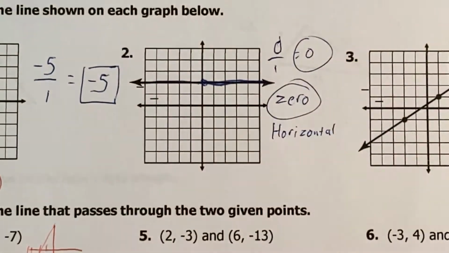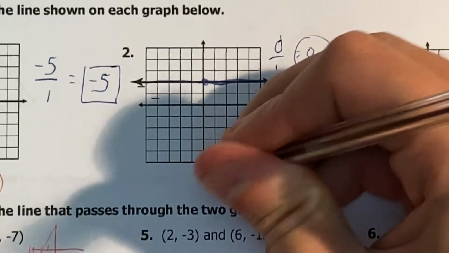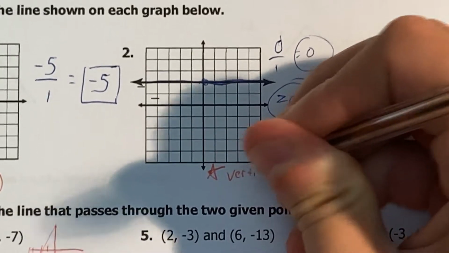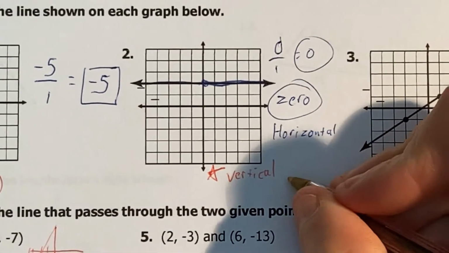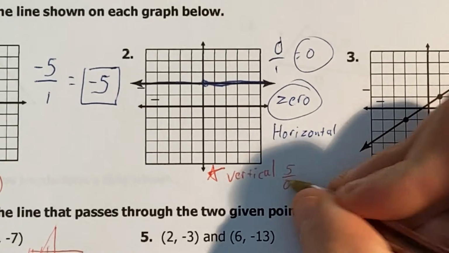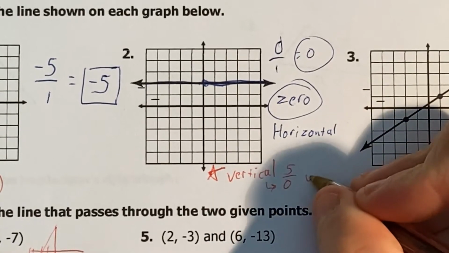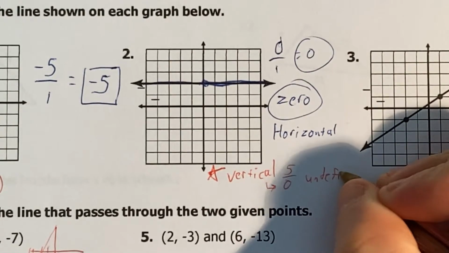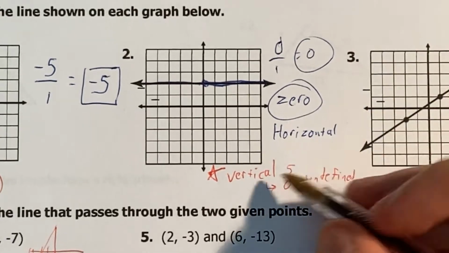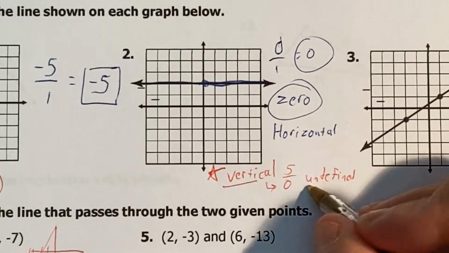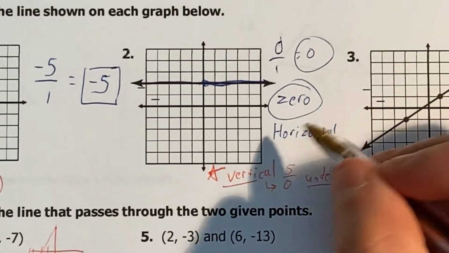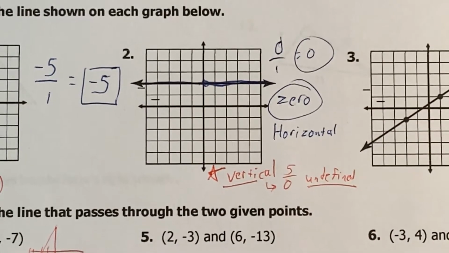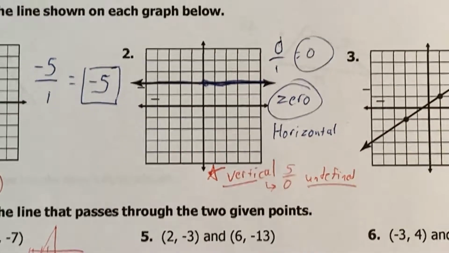Just as a note, vertical is if you had something like 5/0. If 0 is on the bottom, then it's undefined. So if you see a vertical line, it would be undefined. But because this is horizontal, it's going to be 0.